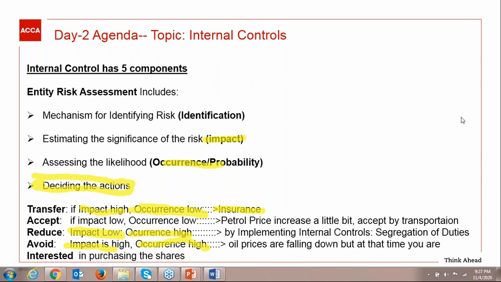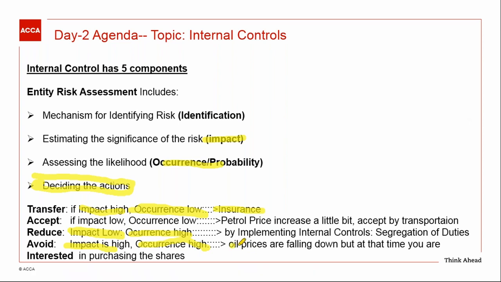If you buy the shares while oil prices are falling down, focus on this sentence: prices are falling drastically, and during this tenure, if you buy the shares, you will make a loss for yourself because prices are drastically decreasing.